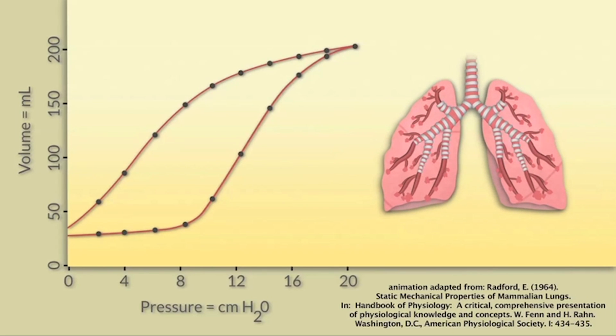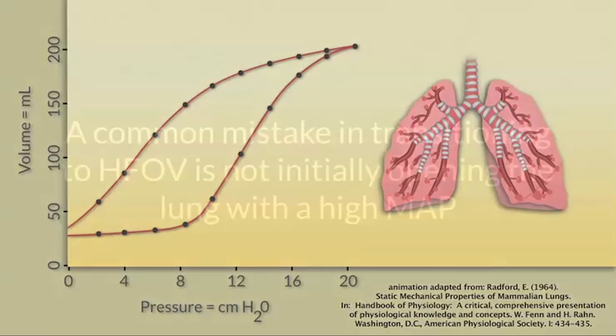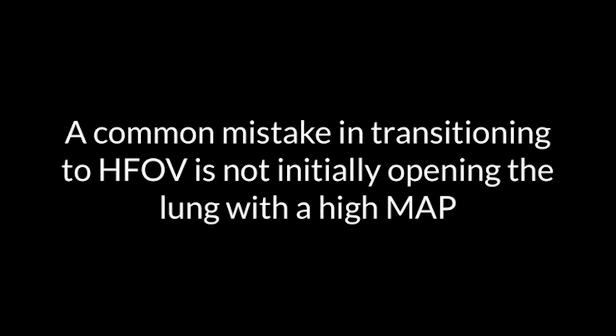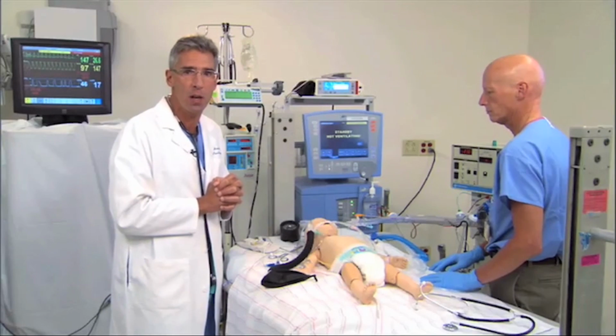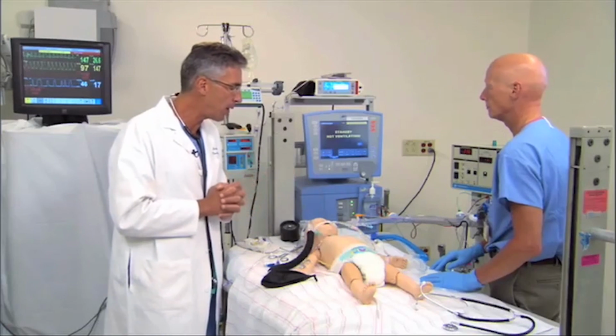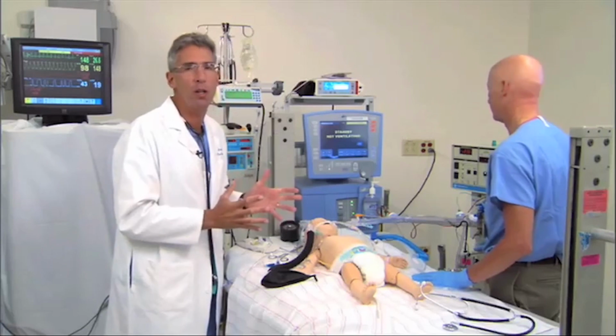And the mistake I think people make when they transition to high frequency is they're a little bit overly cautious. And they don't initially attempt to open up the lung with aggressive uses of mean airway pressure. Most patients of this size will respond to a recruitment maneuver of 35 centimeters of water. We know that Samantha responded to our manual attempts at recruitment.